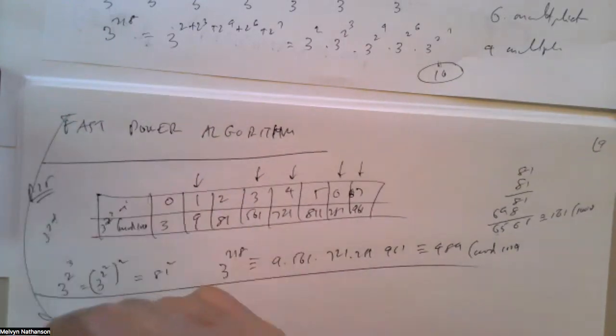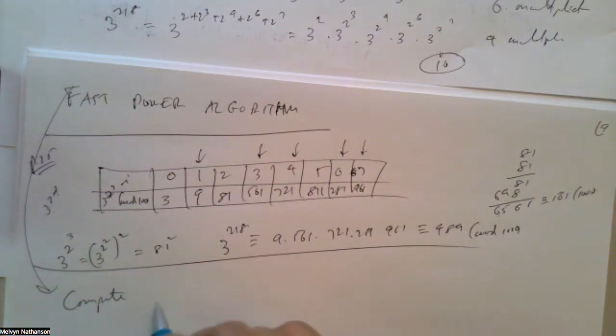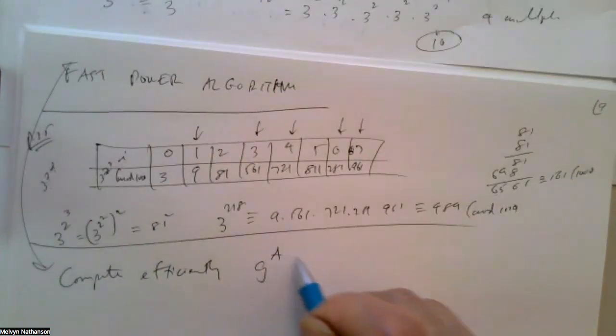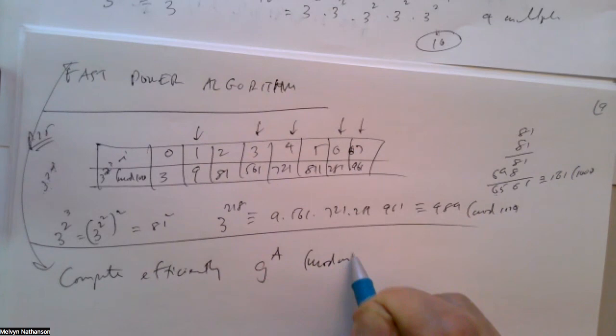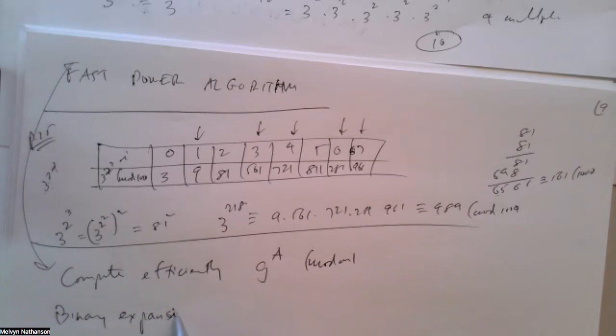So this general process is called the fast powering algorithm. And we're interested in computing efficiently g to the power a mod m. And what you do is take the binary expansion of a.